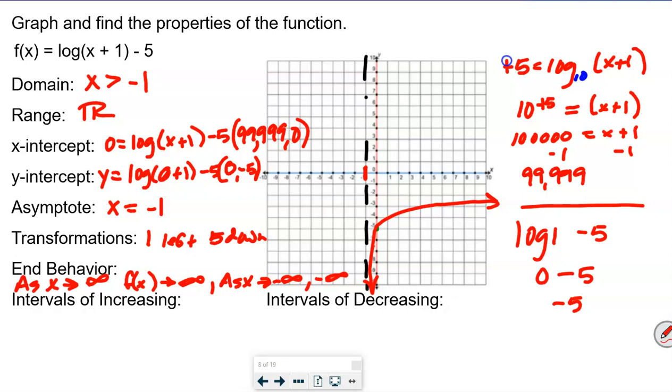Yes, it's going up. So there's going to be no intervals of decrease here. And so as we're going, where did it increase from? Okay, so now we're talking about x values. Remember, it's increasing from here, -1, on to where? Infinity, right? So that's our answer. Remember, end behaviors have to do with y values. Intervals of increase and decrease have to do with x values, okay?